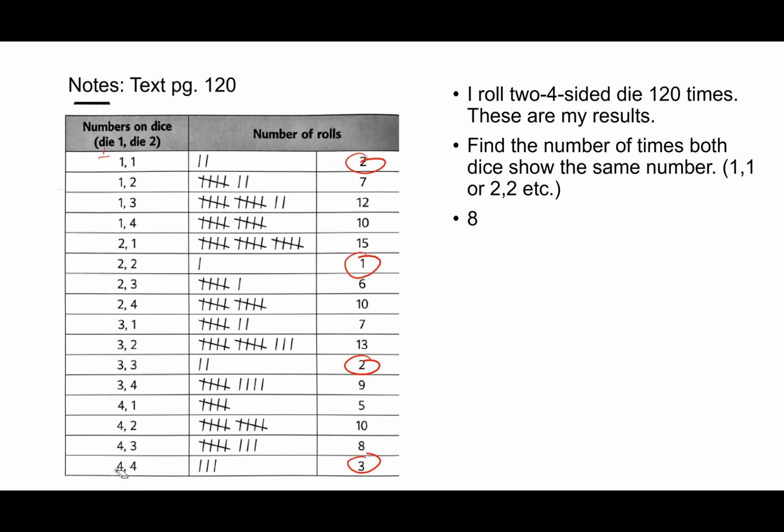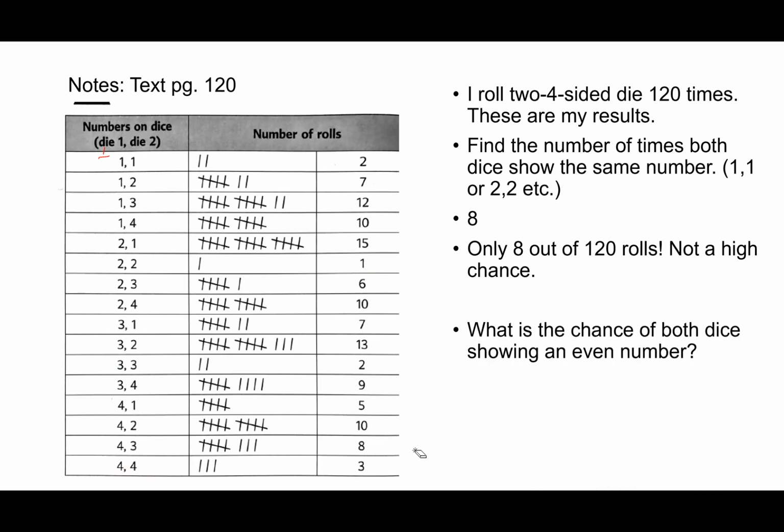Now, what is the chance of both dice showing an even number? So let's circle those events. We're not going to look at any of the 3s, but we'll look at the 2s and the 4s. How many times did that happen in my set?